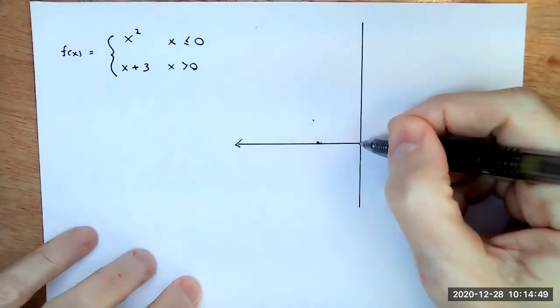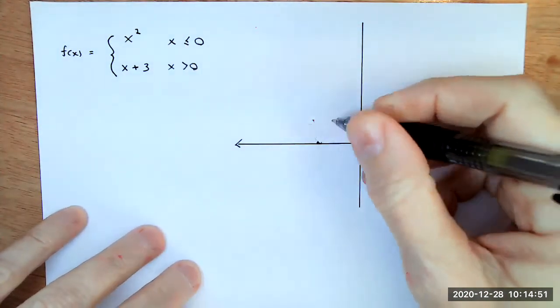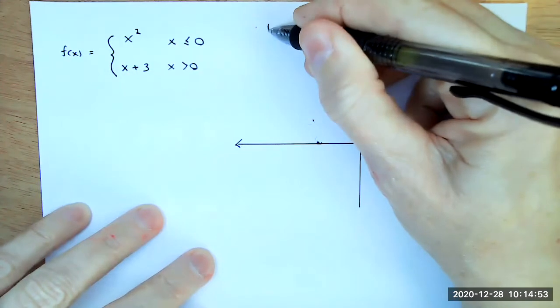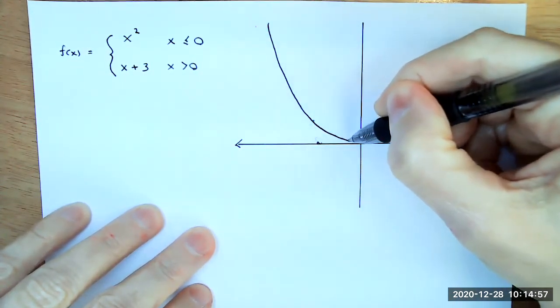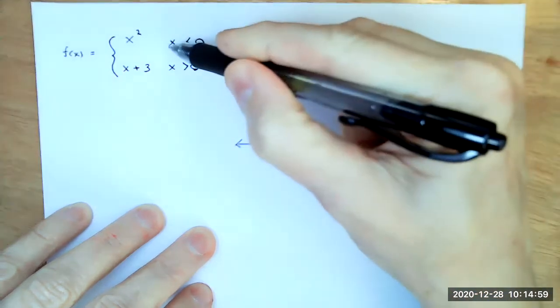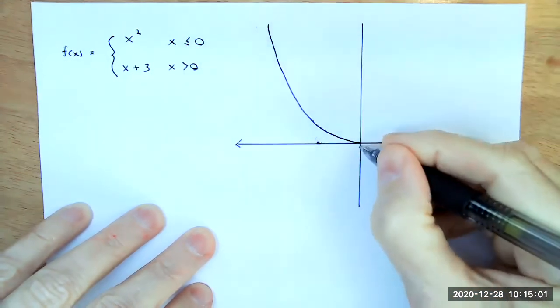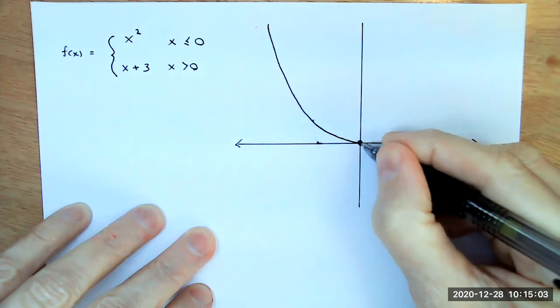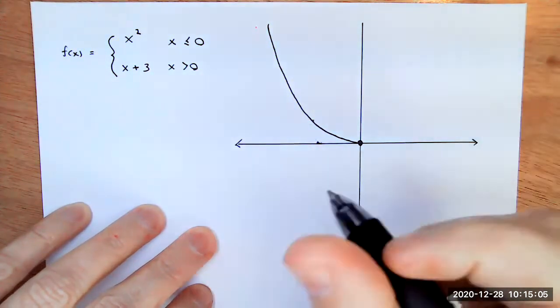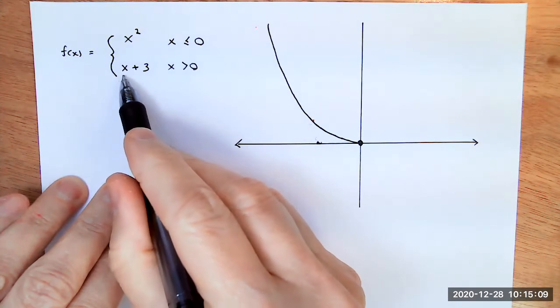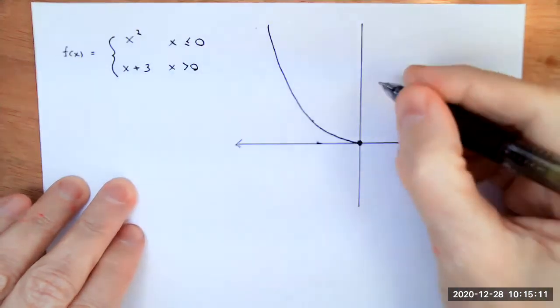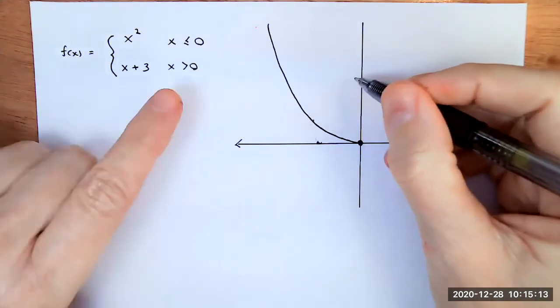All right, for x less than or equal to 0, my graph is going to be the parabola with vertex at the origin. Because that's less than or equal, the origin is included. And then x plus 3 is just the equation of a line with slope 1 that goes to the point 0, 3.